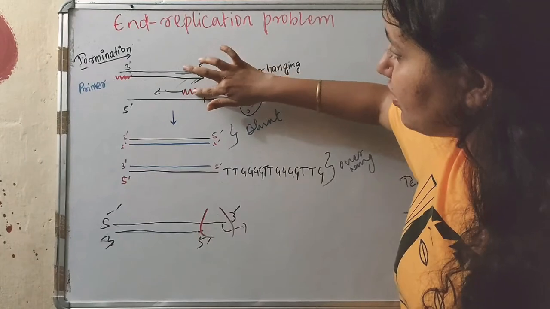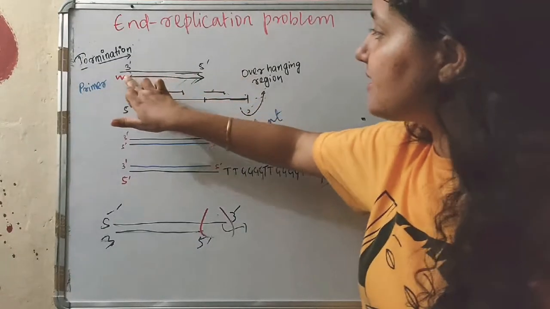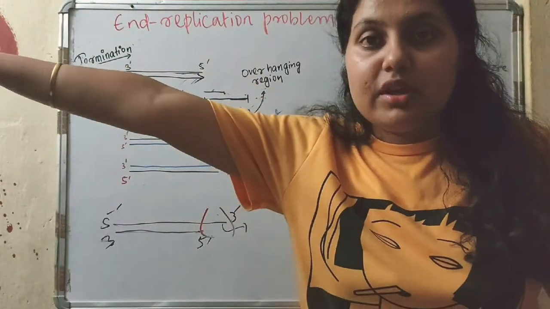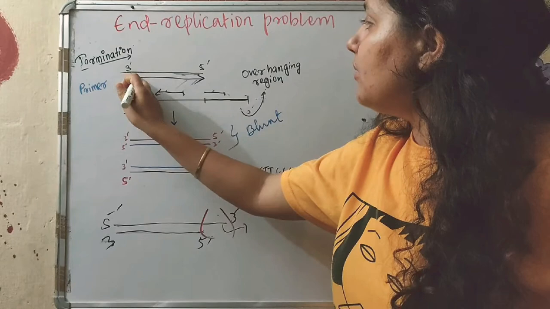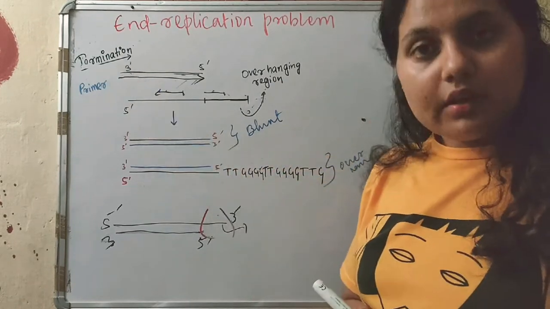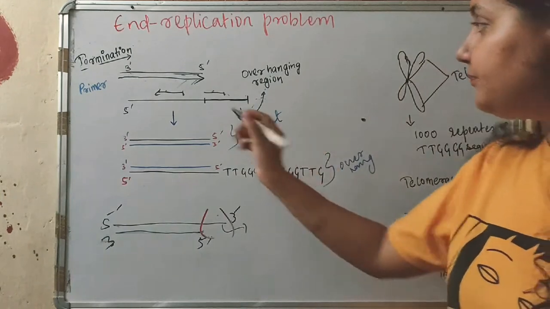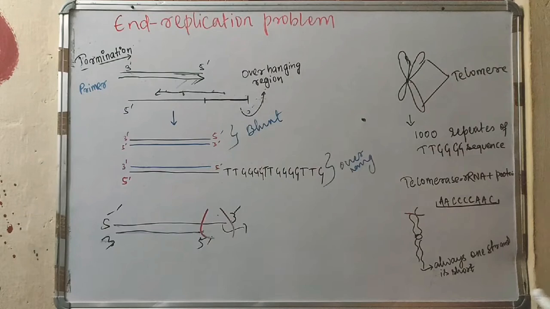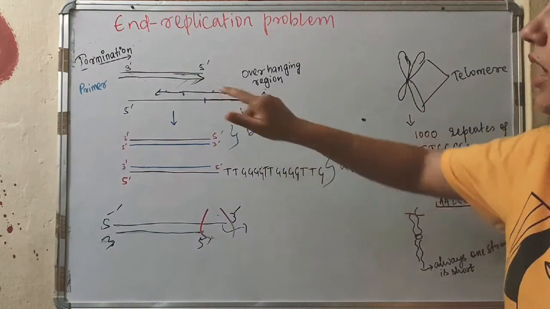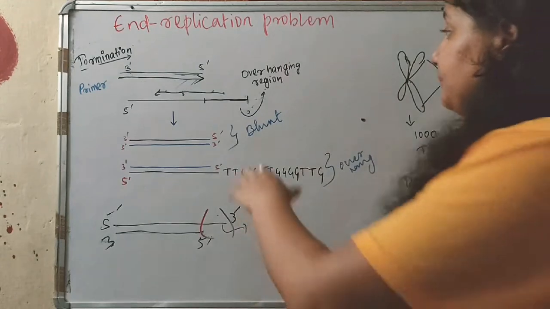After the replication and the removal of the primer, there will be a gap, whereas on this side there are more stretches of DNA beyond, so this stretch can be filled. But this part will not be filled up. It will remain like this at the end after the removal of the primer, because it is against the directionality of the enzyme.